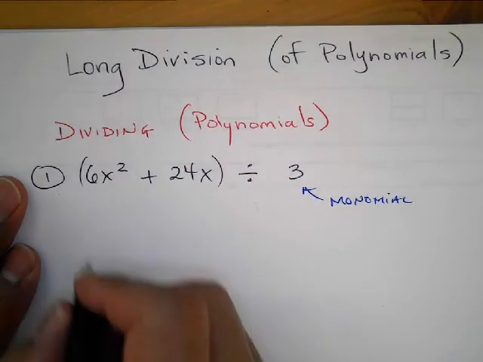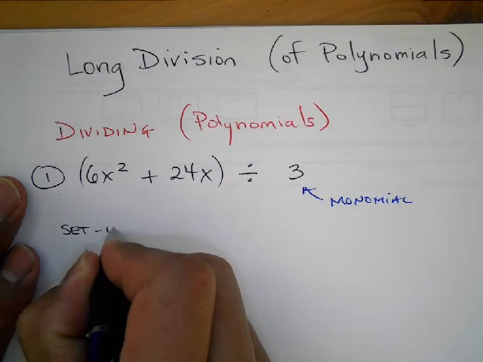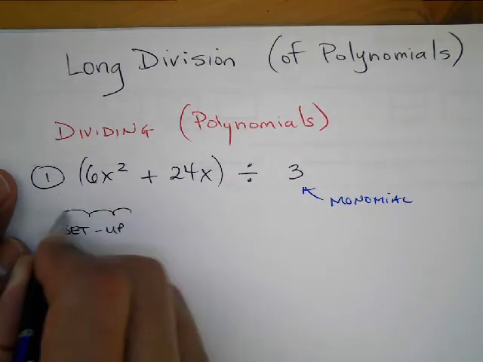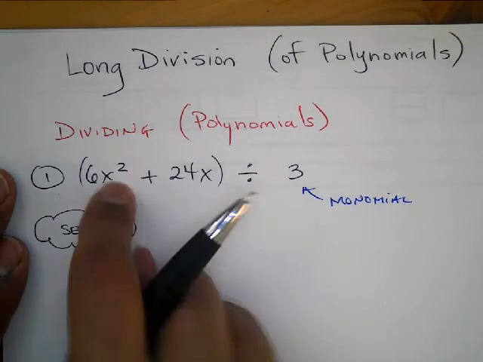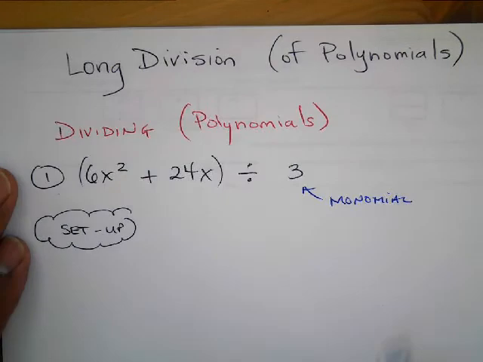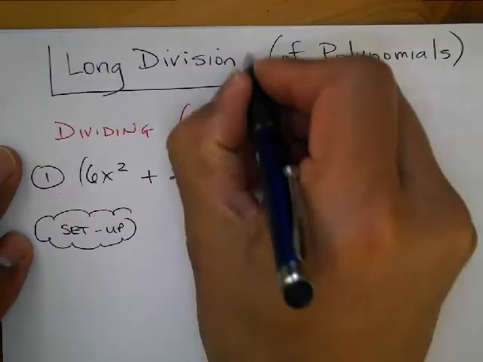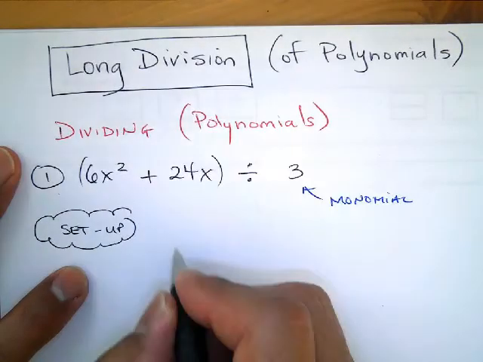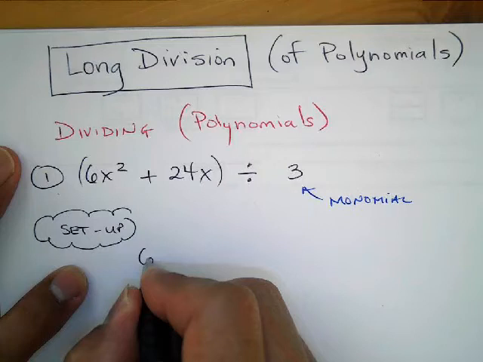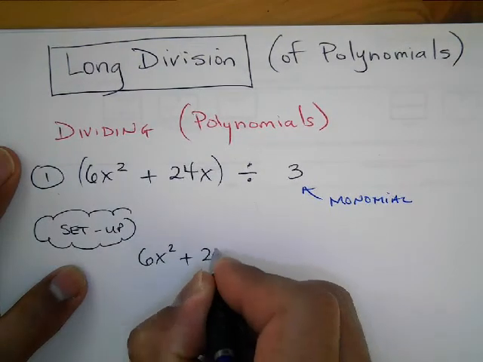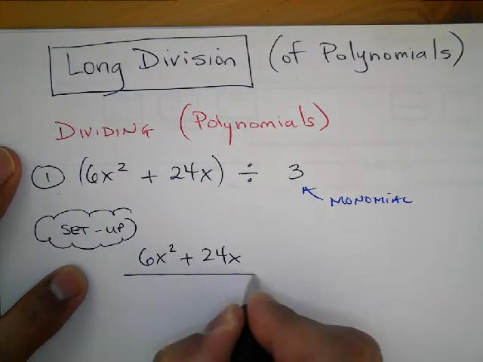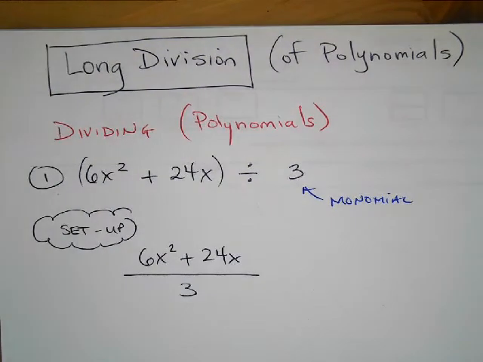So you actually can set it up this way. Not like this, and not long division, right? Like I said, this is not long division yet. This one we can look at this way: 6x squared plus 24x, and then divided by 3. Isn't that another way that you see division?